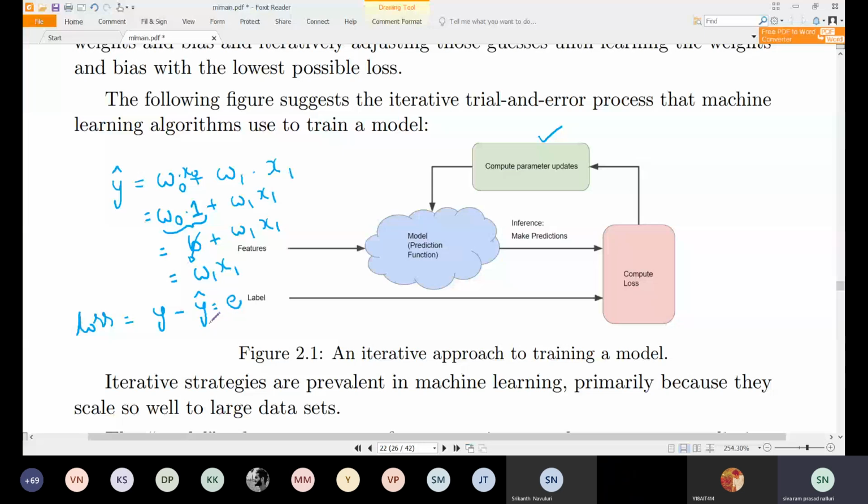Suppose you have taken first example, okay, and so let us take the data set like this, where the first feature x1 is the height or age of the person, and the label, target or label, whatever it may be, label here is blood pressure of the person, BP.